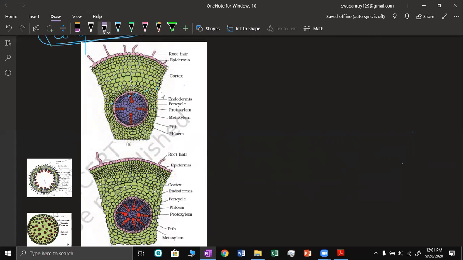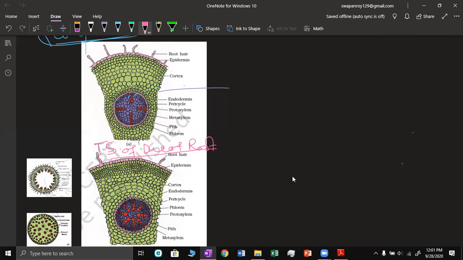This one is the dicot root. This is a TS of dicot root.